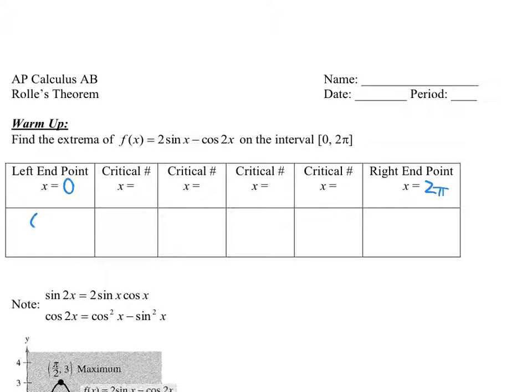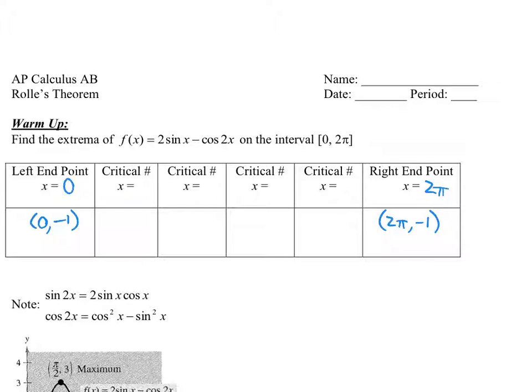So the point here is 0, negative 1. And the nice thing is with 2 pi, it's coterminal to 0, so that's going to give us the same values for the trig functions. So it's also going to be negative 1. So 2 pi, negative 1 is our other endpoint. We might have had one similar here.